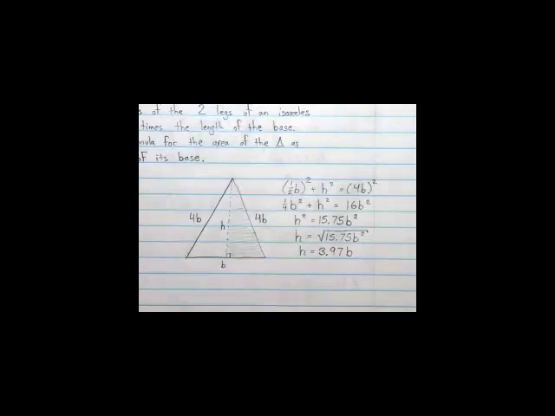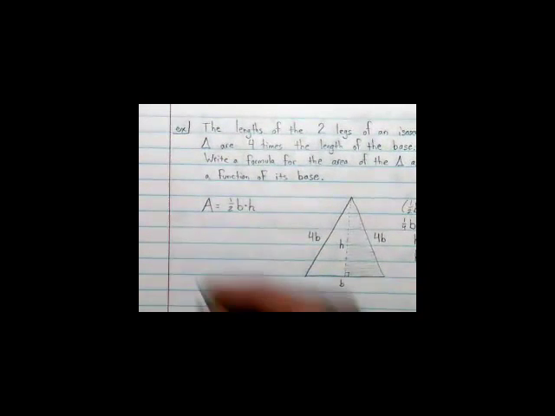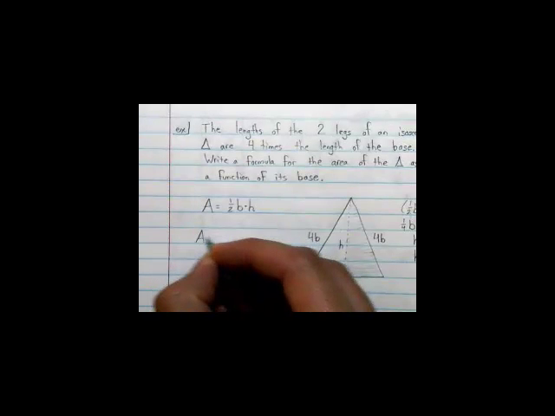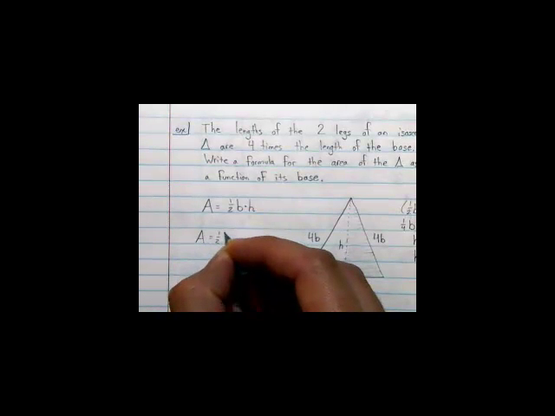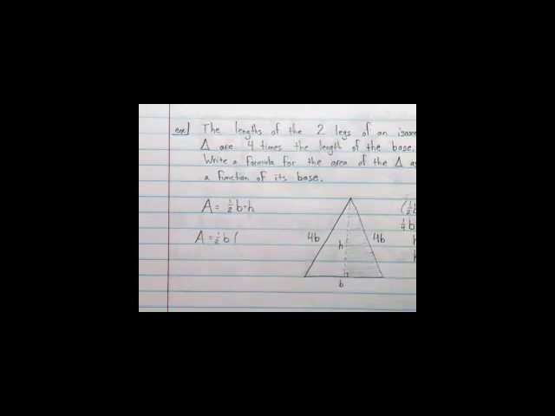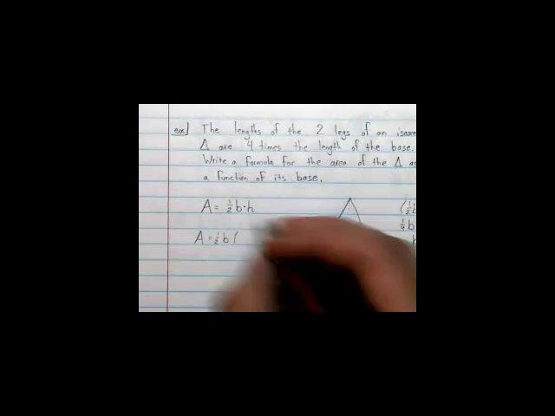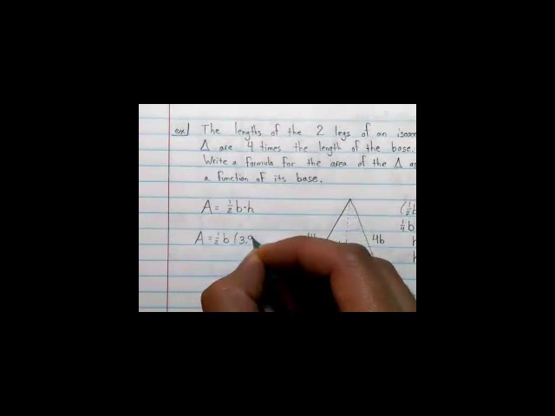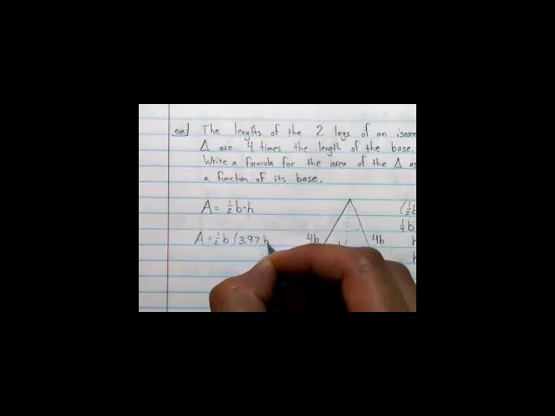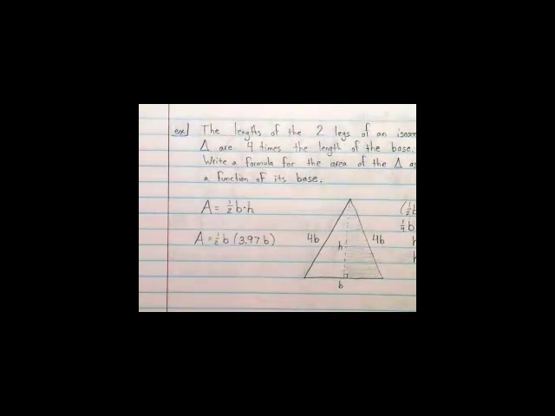Okay? So if I go back to my area formula over here then. So the area is 1/2 b multiplied by this 3.97b. And that can be simplified a little bit, right?